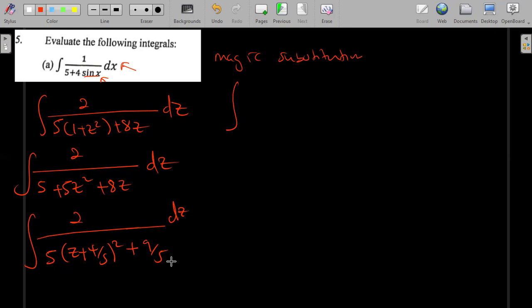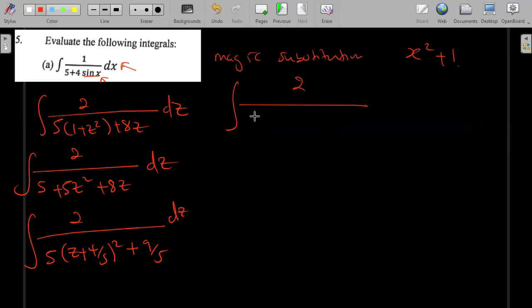So how am I going to do that? So I factor out the 9 over 5, such that I should remain with a 1. My aim is, in order to see something in terms of tan, because you know when tan is written as x squared plus 1, so let me get the 1 there, and that's by factoring out the 9 over 5. So I get 2 there.